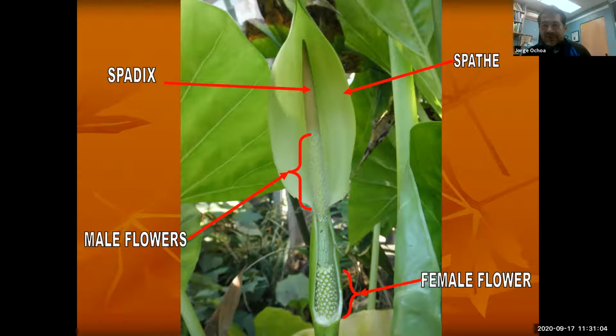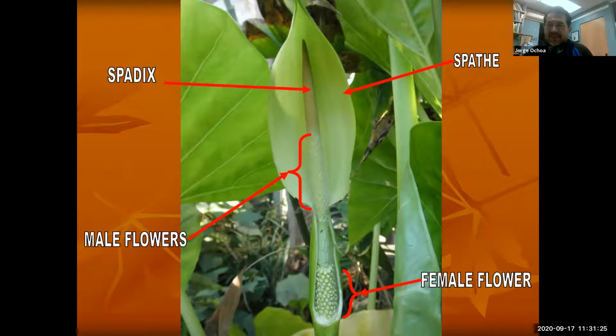And that is a very important component, because it's going to prevent what is referred to as selfing. So plants do not like to have the pollen from the same flower. They want to have the pollen from a different individual because that is what's going to bring genetic diversity. When you pollinate the plant with the same pollen, same flower, then eventually it is going to inbreed and cause other problems.